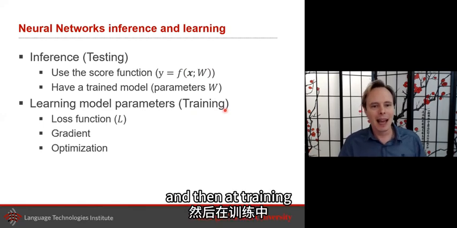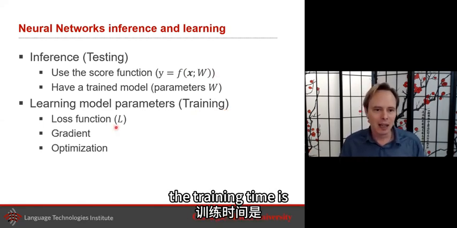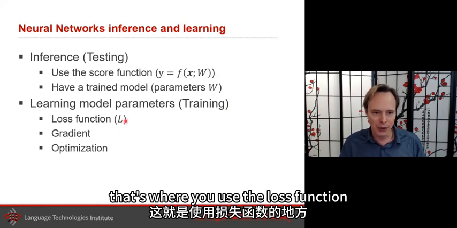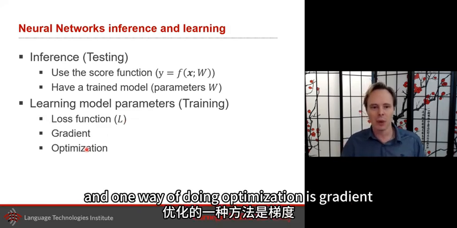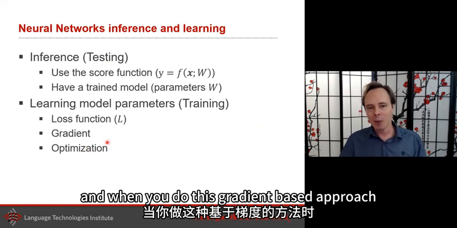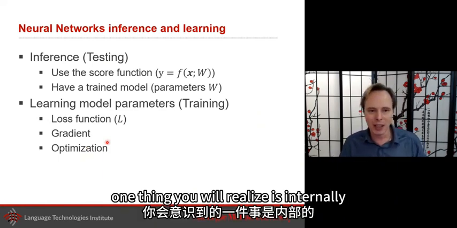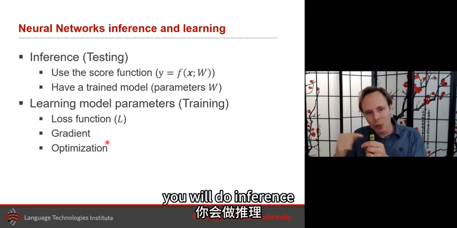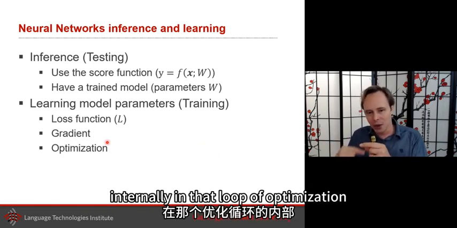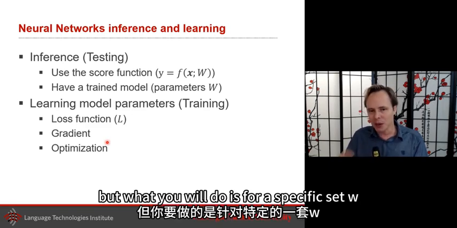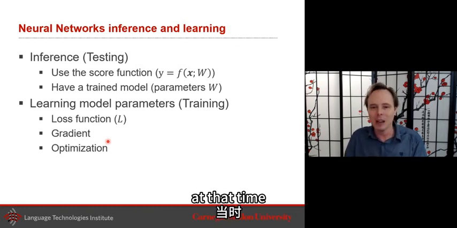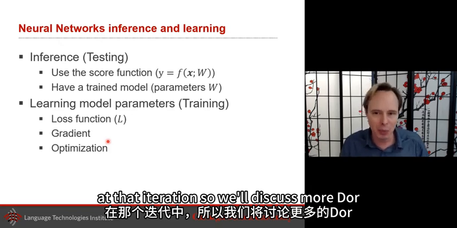Then at training time, that's where you use the loss function and then you do optimization. One way of doing optimization is a gradient-based approach. When you do this gradient-based approach, one thing you will realize is that internally, in that loop of optimization, you will often do some inference. But what you will do is for a specific set W at that iteration. So we'll discuss more there.